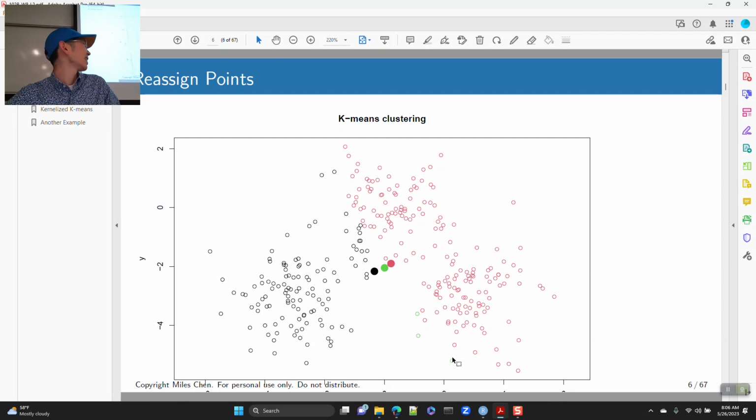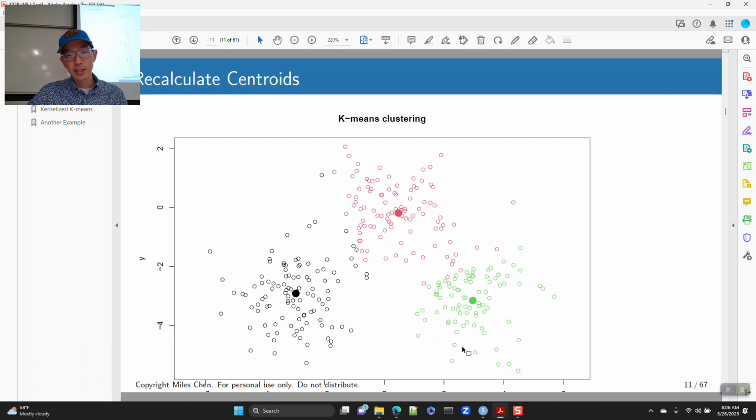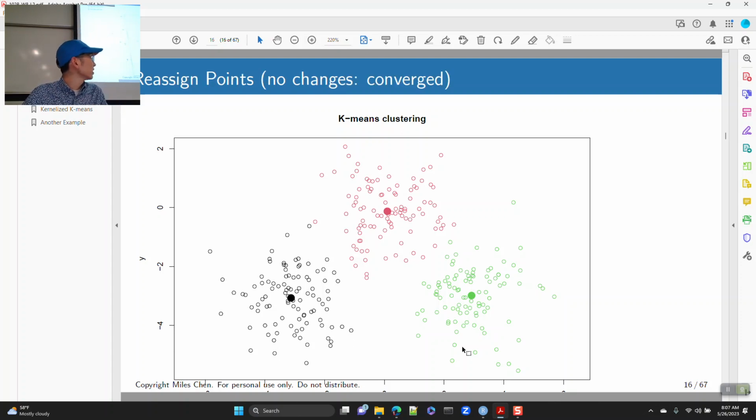Lucky for green, it didn't get completely eliminated. Sometimes none of the points get assigned to green, and it devolves into just searching for 2. But anyway, we reassign, recalculate centroids. Now we reassign points, and a lot more get assigned to green. Recalculate the centroids, and we keep going. At a certain point, when you reassign the points, nothing gets reassigned, and this is when we'll say it has converged.